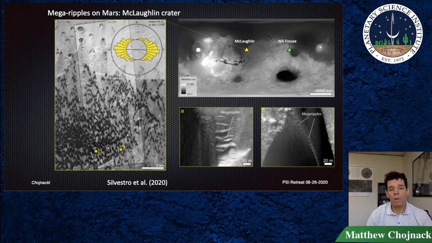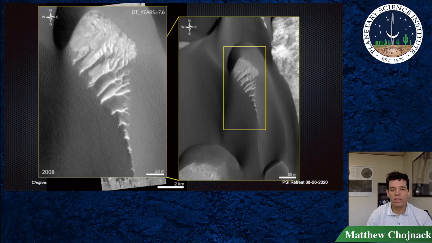Now, on McLaughlin crater, we also found active mega-ripples in Arabia Terra. A number of sites across the dune field, including those downwind, were found to have these active bright bedforms that resemble transverse Aeolian ridges.